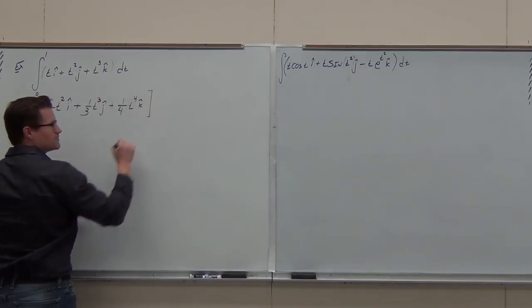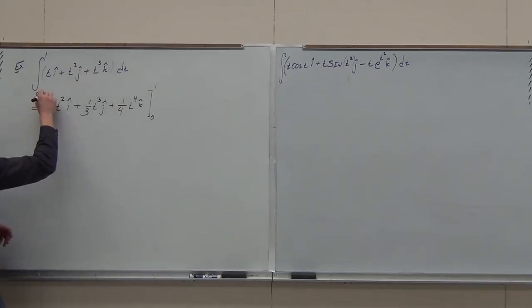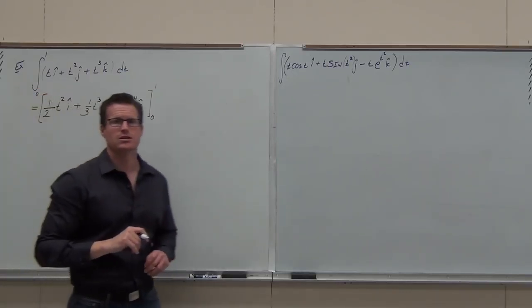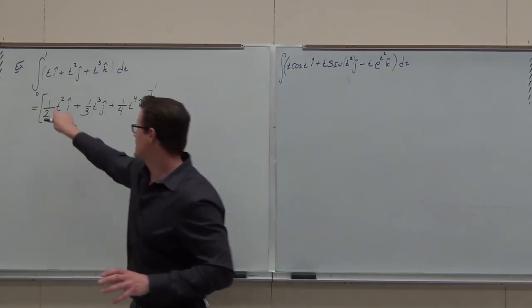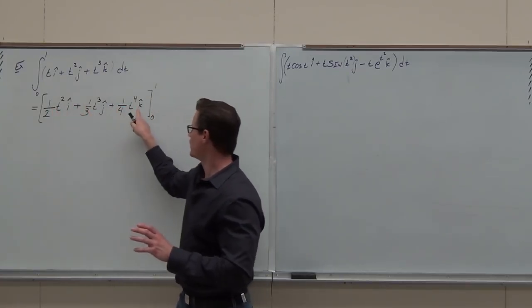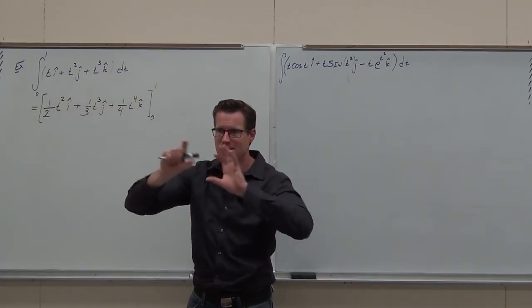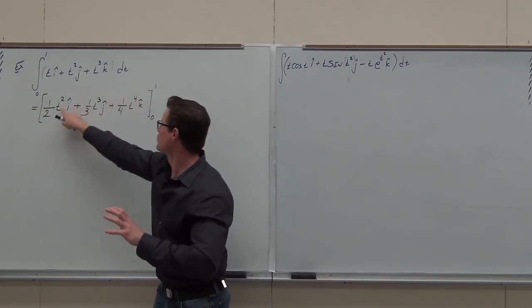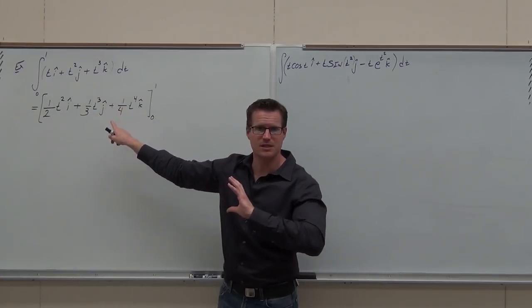What we do is plug in 0 to 1. The thing is, if you want to be smart about it, plug them into each term individually. Don't plug in 1, 1, 1, and then 0, 0, 0, because then you have to recollect terms. So because we can separate by addition and subtraction, plug in 1 minus 0 here, plug in 1 minus 0 here, plug in 1 minus 0 here. Does that make sense?